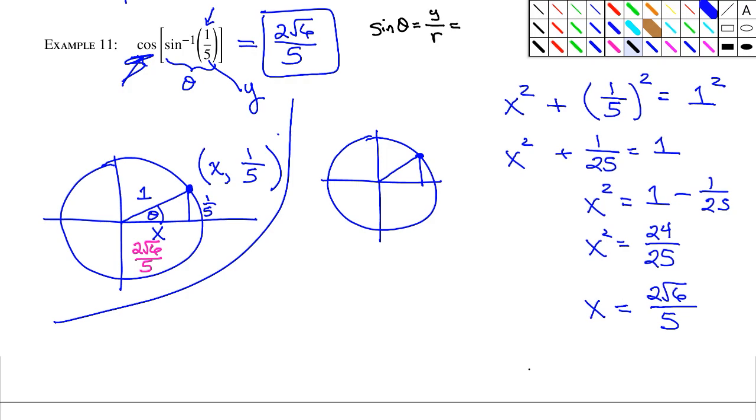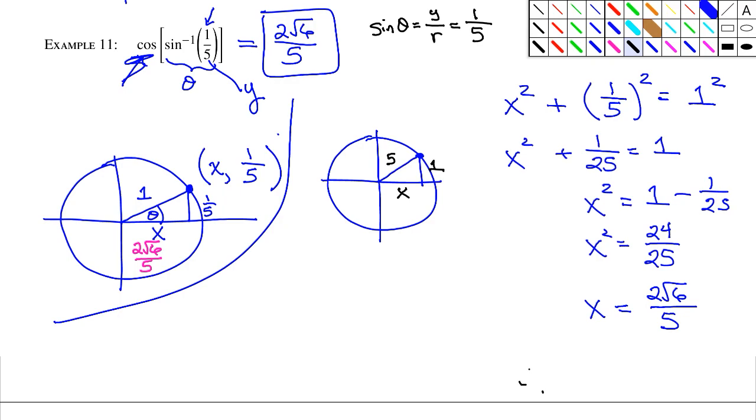But in this case, we're saying it's equal to 1 over 5. So we can go ahead and assign 1 to the y-coordinate and 5 to the hypotenuse, or the radius. And then that leaves us just to find the x.